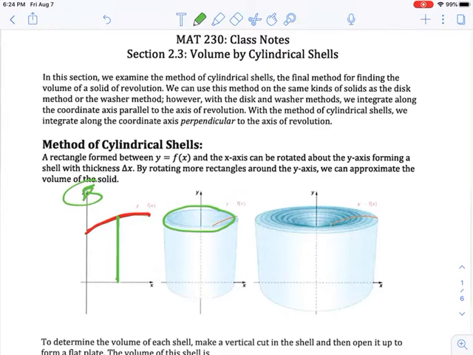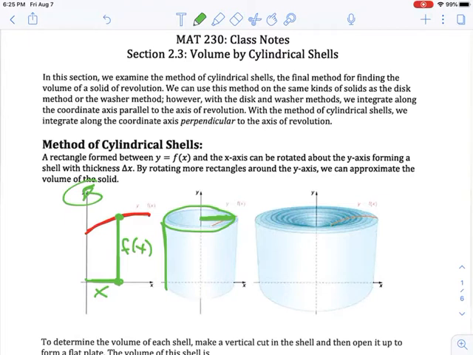The radius of the cylindrical shell, the distance from the axis of rotation to the actual rectangle itself, well, that distance here is a distance on the x-axis. And then, of course, the height of the cylindrical shell is simply the function value, f of x, right? Because the function value goes from the x-axis to the actual function. So the height of the rectangle becomes the height of the cylindrical shell.